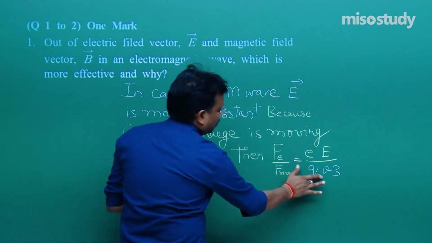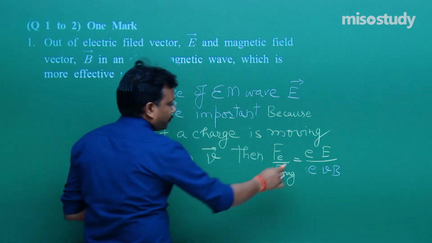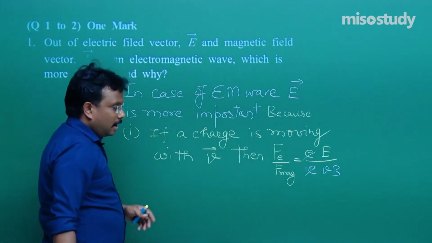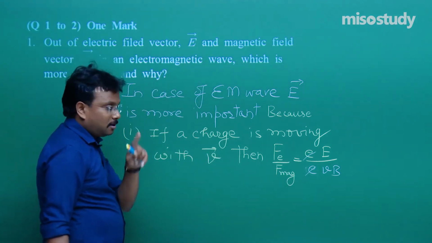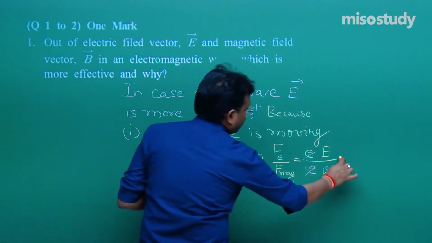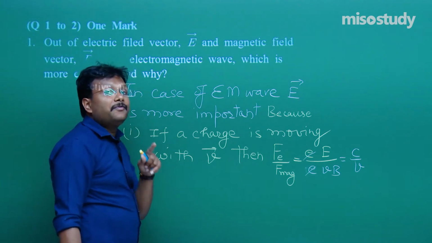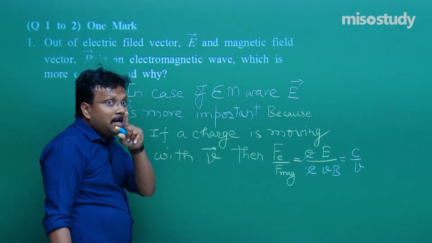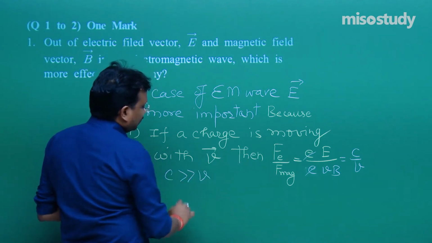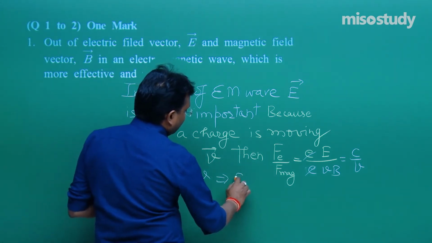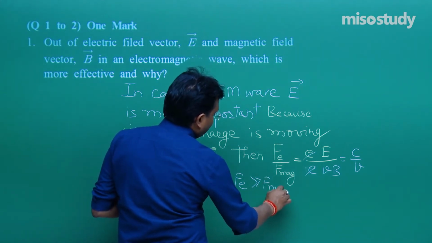It should not be q, but it is also e, the same charge. Cancel. Now, E upon vB is equal to c by v. Now, you know c is very large compared to v. So, as c is very much greater than v, this implies that F_e is very much greater than F_magnetic.